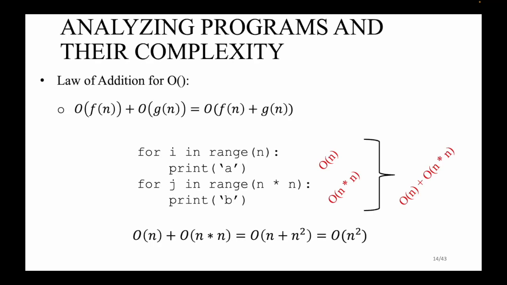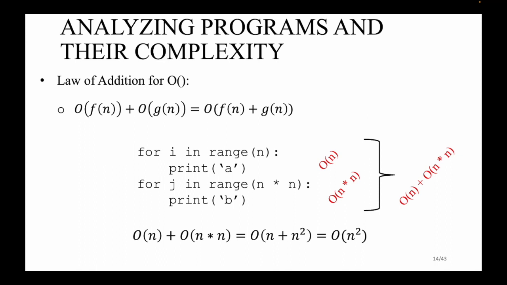So we have some basic rules to calculate all of this. The first one we call the law of addition. What does addition mean? You use addition when you have two separate segments of for loops. This one and this one are not nested inside each other. After you finish this one, you will run this one.